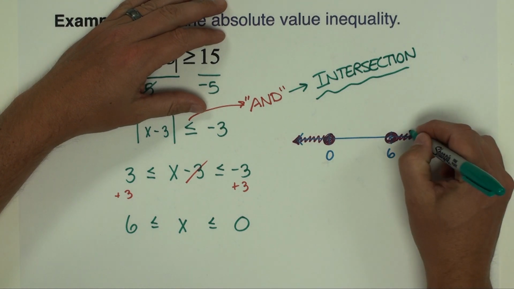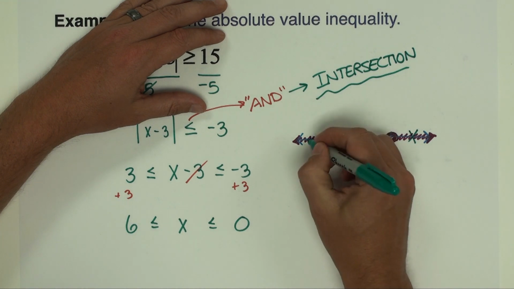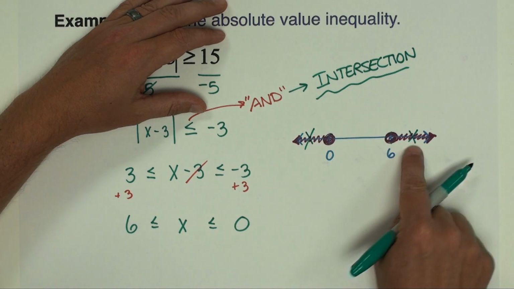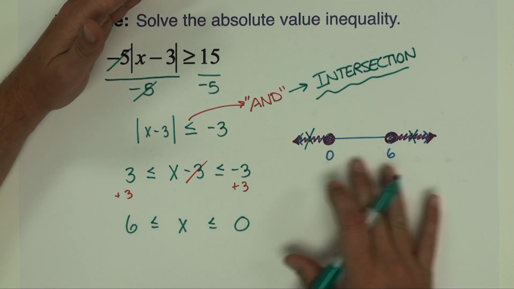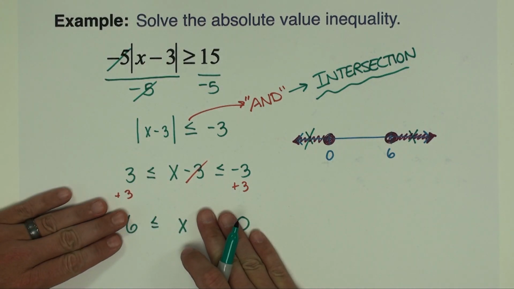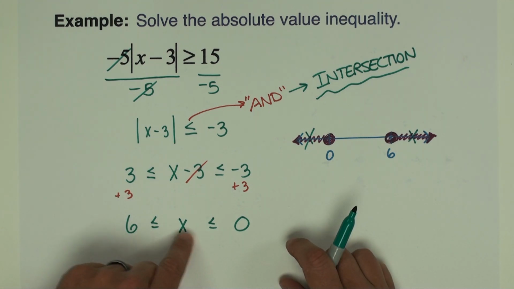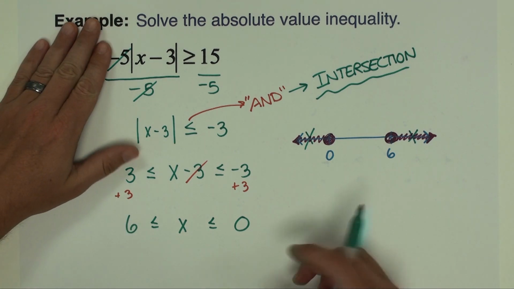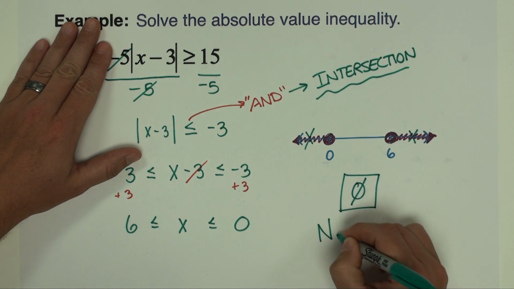If I pick a number out here, it's in this region, but it's not in this region. And likewise, if I pick a number out here, it solves this one, but it doesn't solve this one. So there is not a number on this number line that solves both of these, right? In other words, there's not a number that is bigger than 6 and smaller than 0. Because there isn't a number that fits that description, the answer to this is that there is no solution.